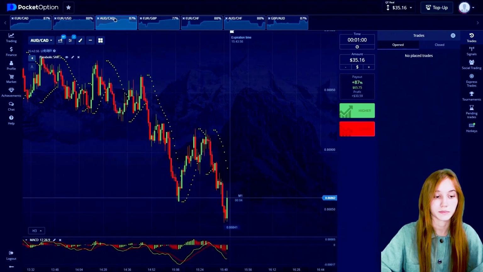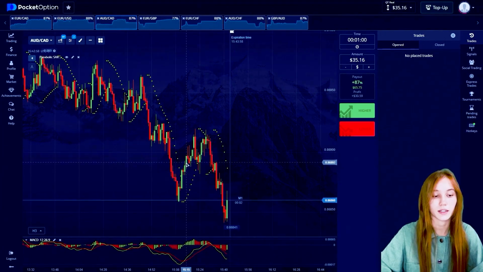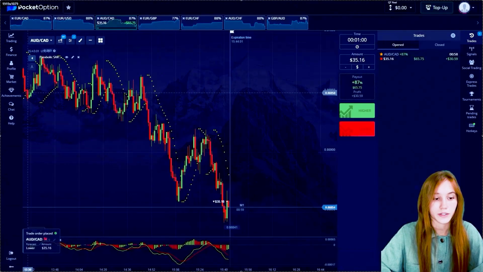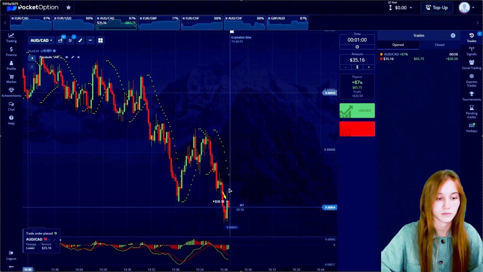Open the deal, down deal, and start our technical analysis. We'll see shadow, big shadow. So therefore we open a deal down. We see, and by parabolic we see points stable at the upper position.